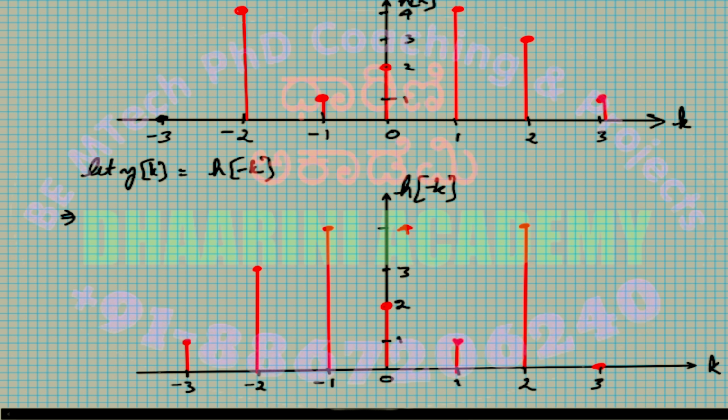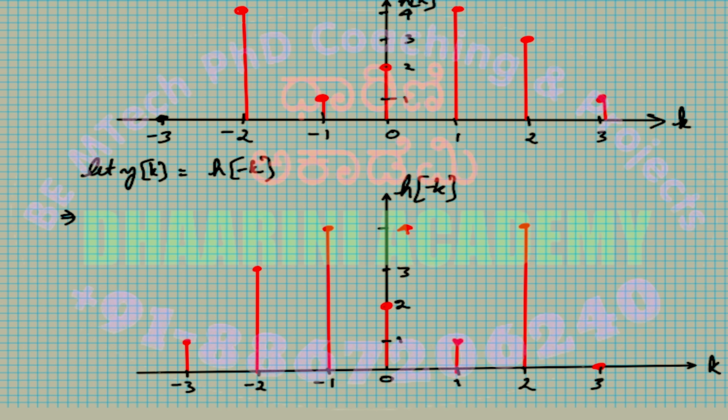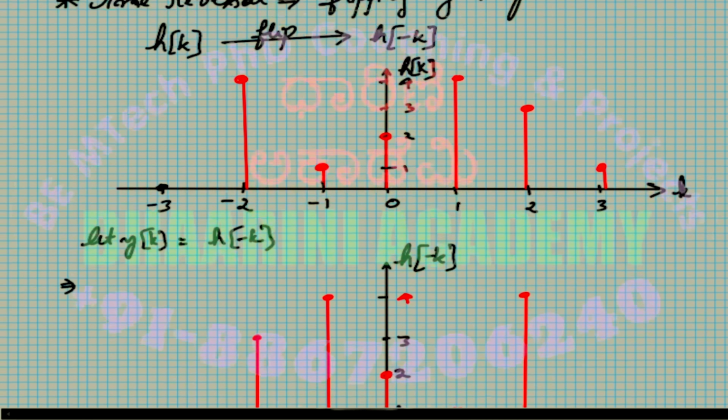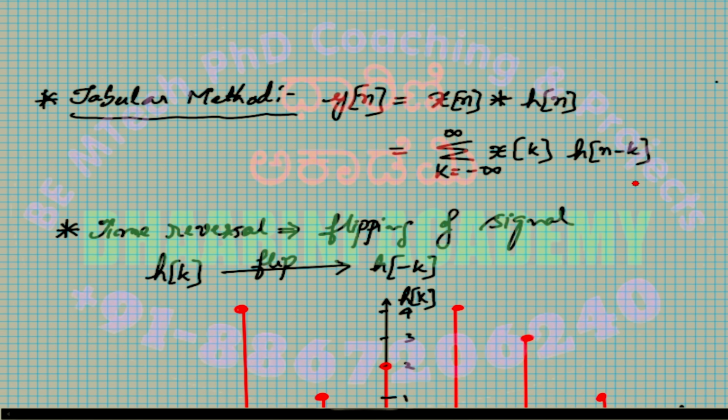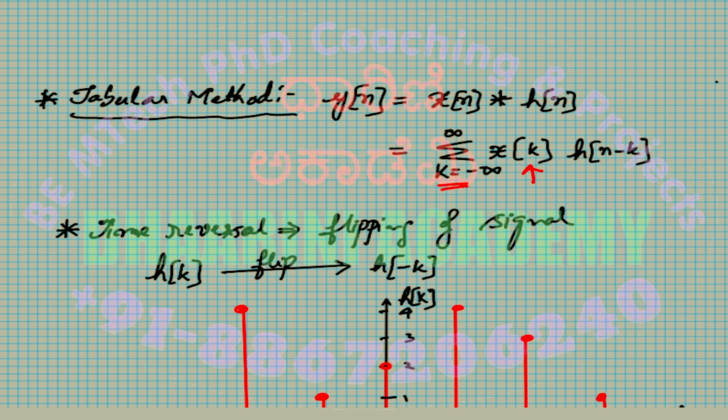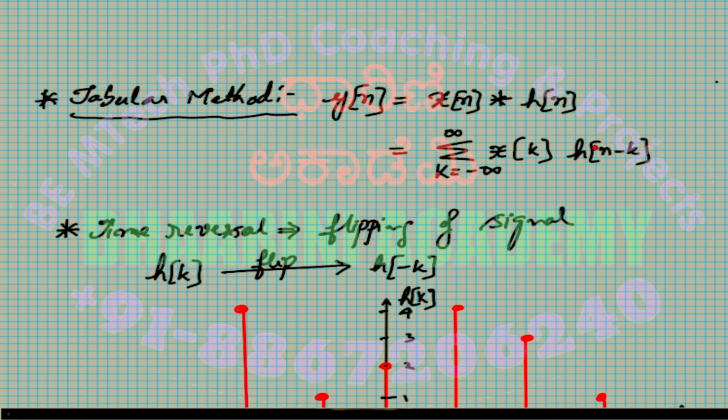So this is the other operation required in this equation. Now let's come back and see what this is. So you can see my axis is k. So x of k as it is, no change. It's not going to shift. It's not going to be flipped. It's kept as it is. X of k is x of k in my equation. But h of k is there.